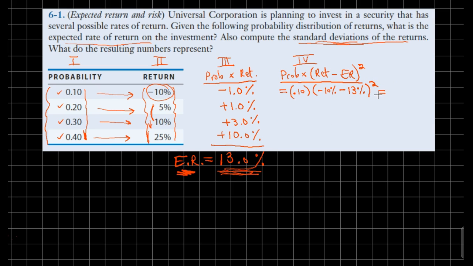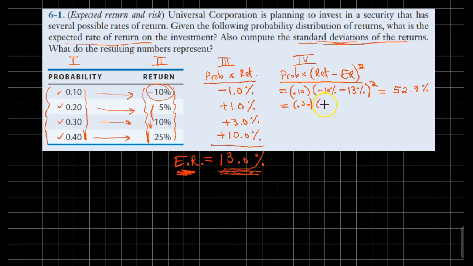Making this calculation, minus 10 minus 13 is minus 23. Minus 23 will be squared. The minus sign will disappear. We will have 529. And with a 10% further multiplication, that should come out as 52.9%.